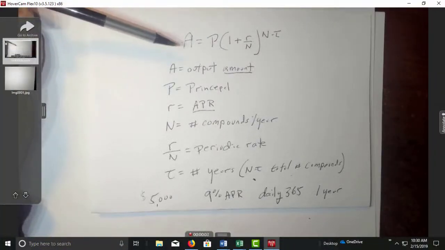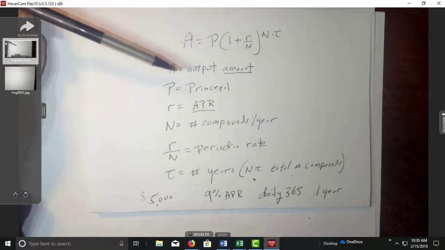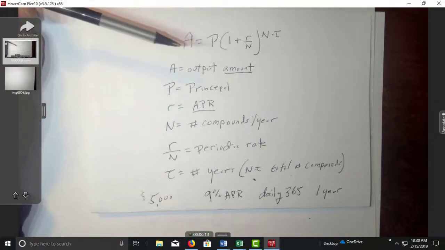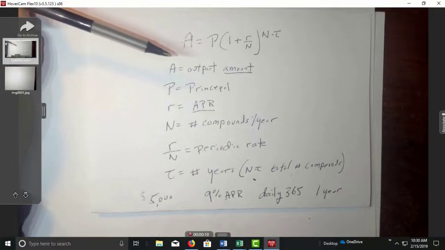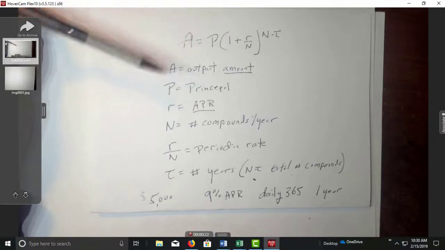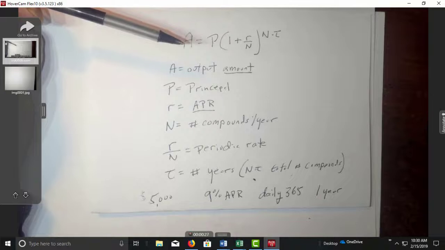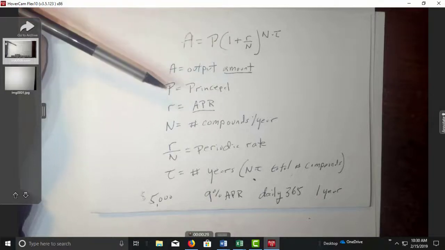Here's the formula that we're going to use for the daily compounding. Instead of using 365 different days in Excel, we're just going to use this formula, which will accomplish the same thing. And here's a list of our variables. Here's the formula. A is going to be our output, or the amount that we're going to have after we do the calculations.